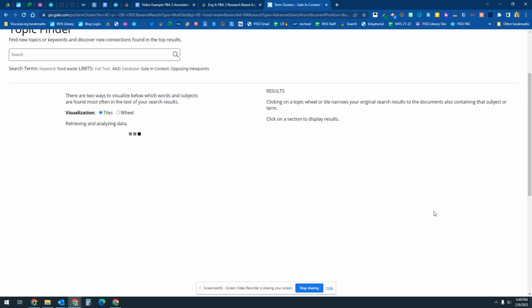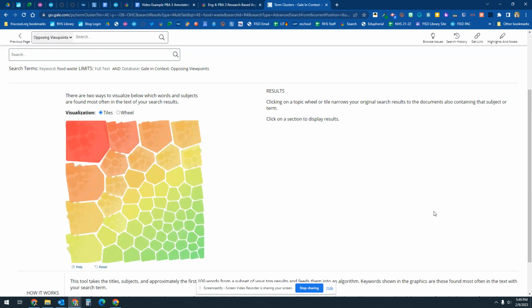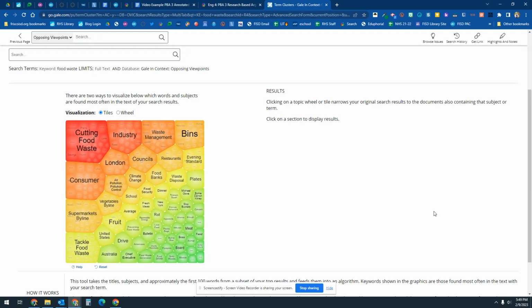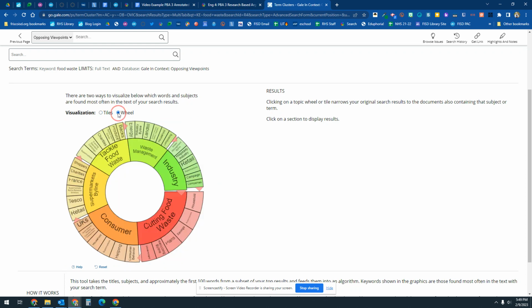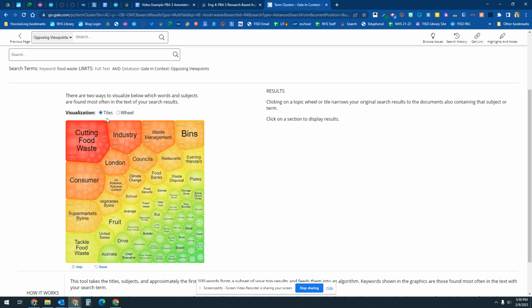But you can put in your topic, and then it is going to display the results in a couple of different ways. It'll display them in these tiles, and then you can also click and change it to a wheel if you would like. But basically what this does is it takes your topic in the middle, and then here are some other breakdowns of food waste. And then these are even more micro breakdowns of the topic.